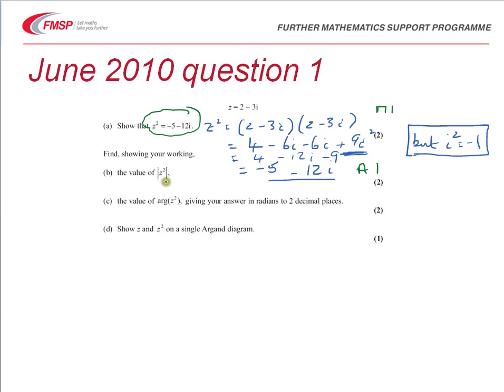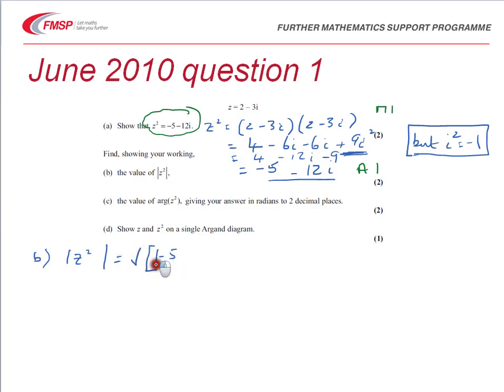Part B of the question asks for mod of z squared. So if I look at part B, just at the bottom of the page now, mod z squared, that is just a case of using Pythagoras' theorem.